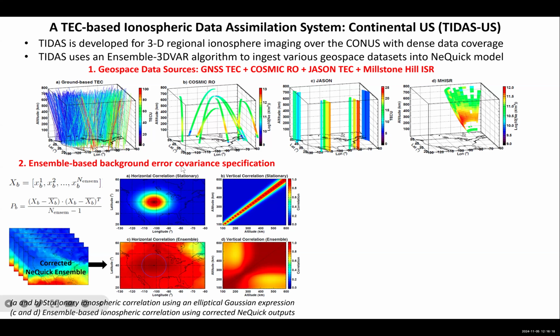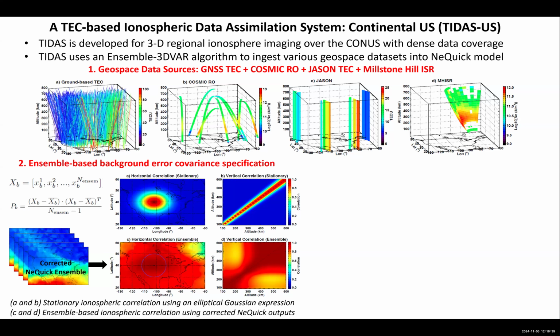As we can see here, panel A and panel B show the stationary Gaussian-like distribution of the ionospheric correlation. So they are isotropic.